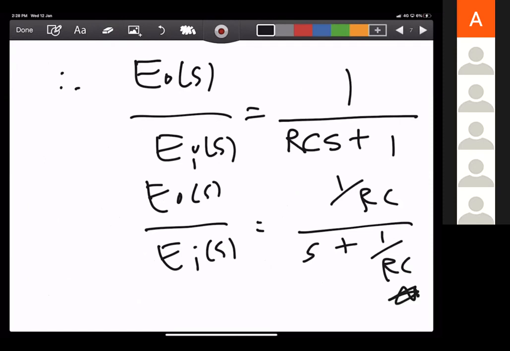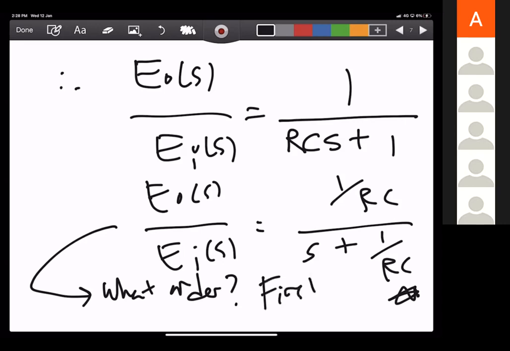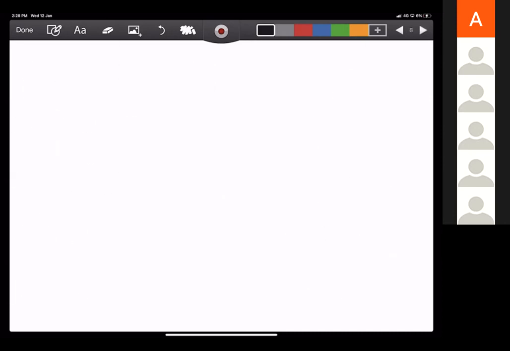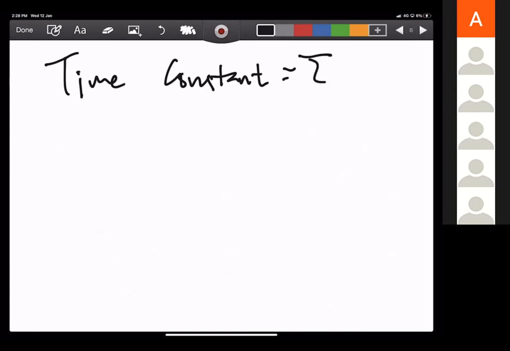So this low pass filter system, what order? Henrita, what order? First order. So first order has a time constant. What is time constant? Henrita? Constant tau.